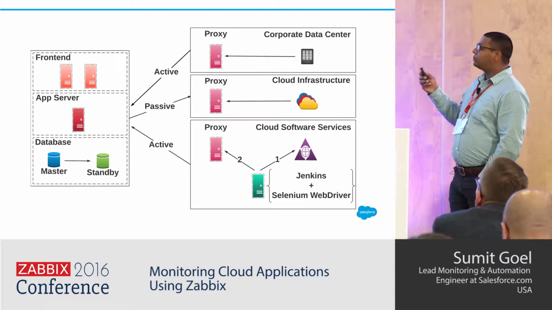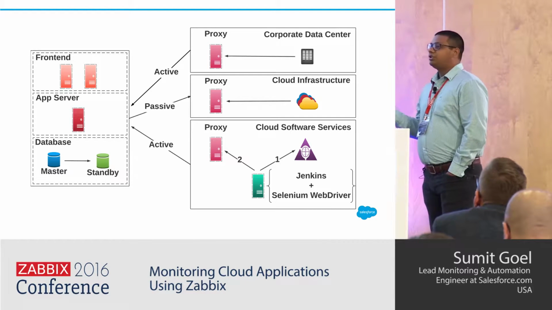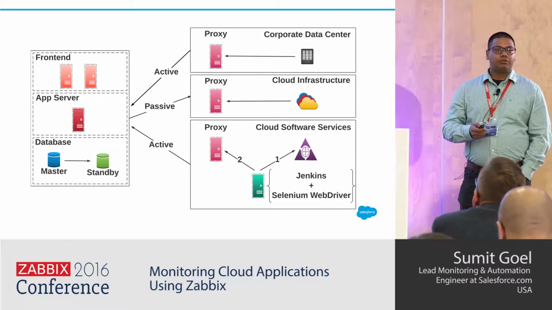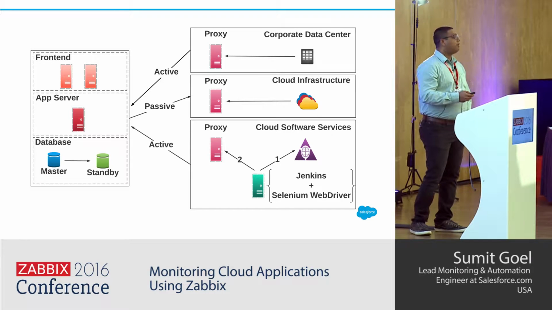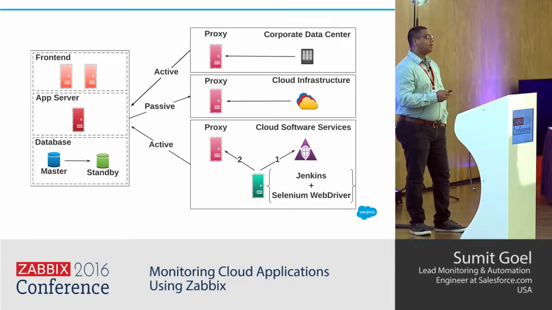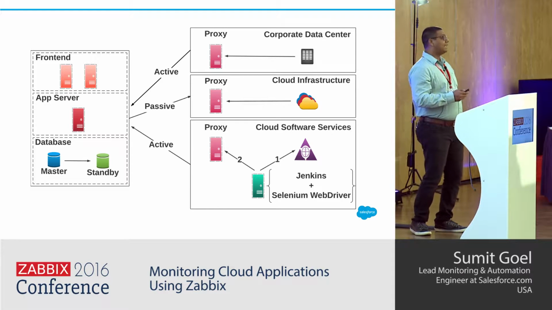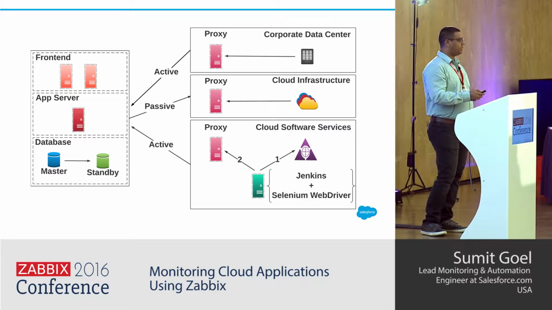Then there is cloud software services, which is essentially software as a service and platform as a service. Salesforce uses multiple software service solutions, and we monitor the availability and the performance of those solutions using Zabbix web checks for simple scenarios.